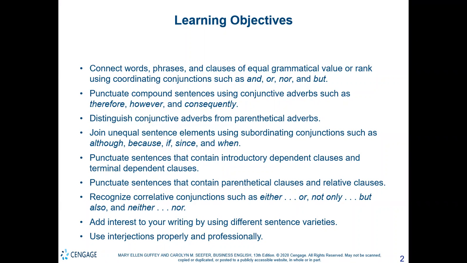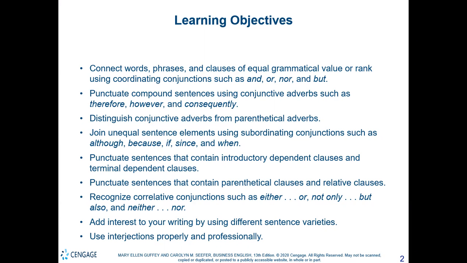We're also punctuating compound sentences using conjunctive adverbs such as therefore, however, and consequently. We distinguish conjunctive adverbs from parenthetical adverbs. We join unequal sentence elements using subordinating conjunctions such as although, because, if, since, and when.